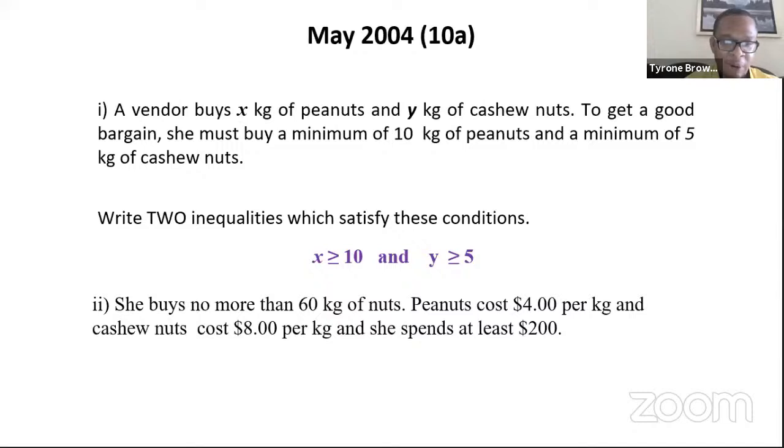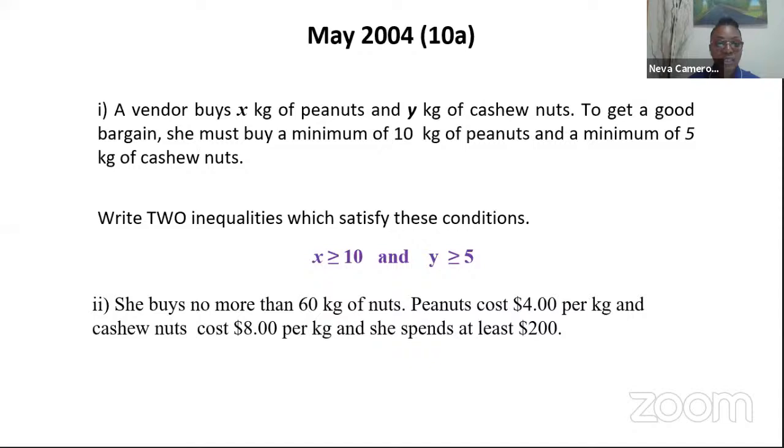That's one of the first things we'd want to know. If she buys no more than 60 kilograms of nuts, what does that mean? I haven't seen anything from YouTube in a while. What's happening, my YouTubers? I'm seeing Leonardo and others who are now saying x plus y less than or equal to 60. All right. Okay, very good.